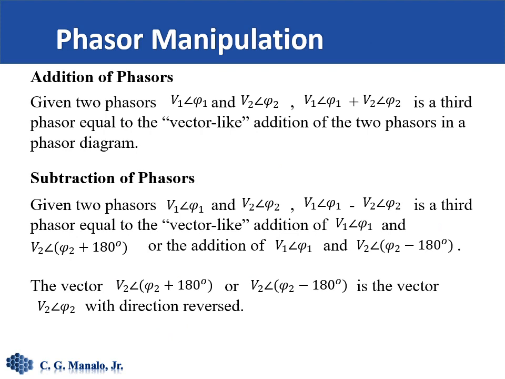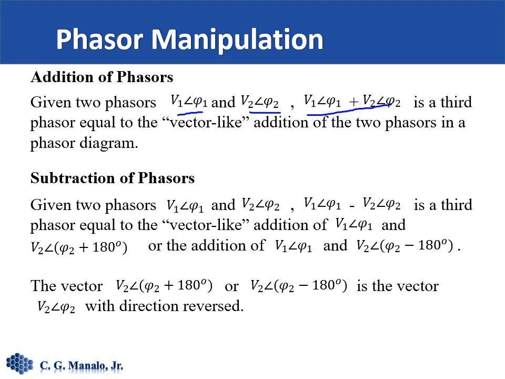We could also manipulate phasors. For example, we want to add two phasors, this phasor and this phasor. We will get a third phasor, which is really just like adding the two phasors in a vector-like fashion. So if we draw these two phasors in their phasor diagram, their addition would be like adding them as two vectors.